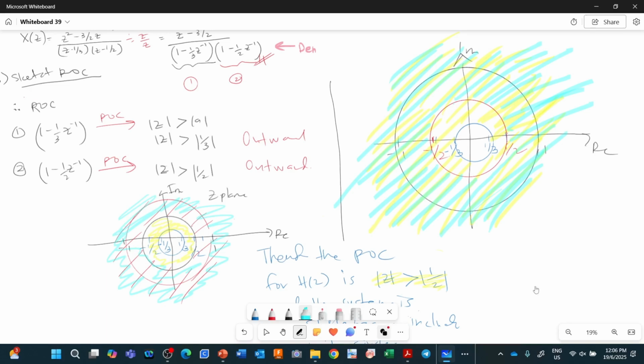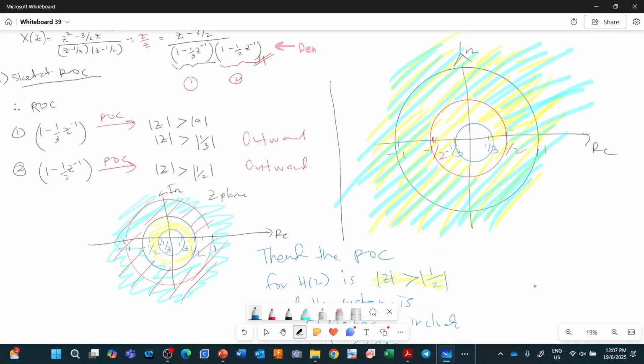Therefore, the ROC needs to have both ROC overlapping. Means that the sketching overlaps both. For this case, this inner part is only yellow. It's not done yet because it's outward.